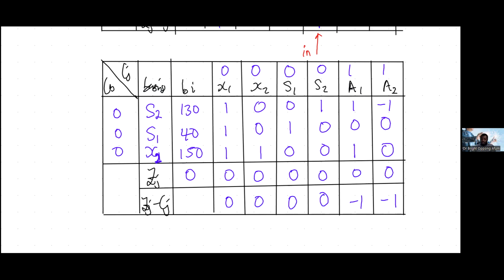All right. So at this stage, phase 1 is now optimal. Why? Because the Z for the artificial objective function is 0. So we have minimized everything in phase 1.